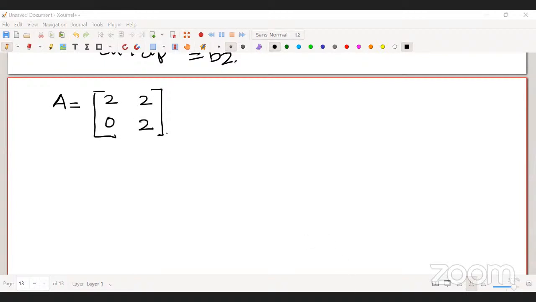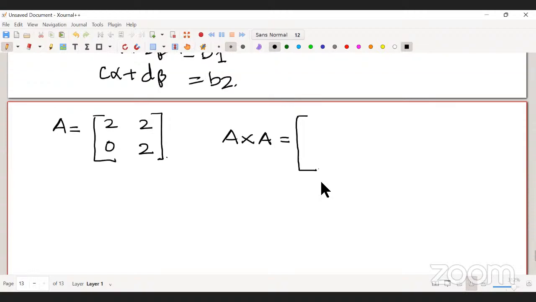So you can prove this by the method of induction. Suppose you take A times A. What is A times A? Sir, can we do it like this? We take 2 from the first row common and 2 from the second row common.